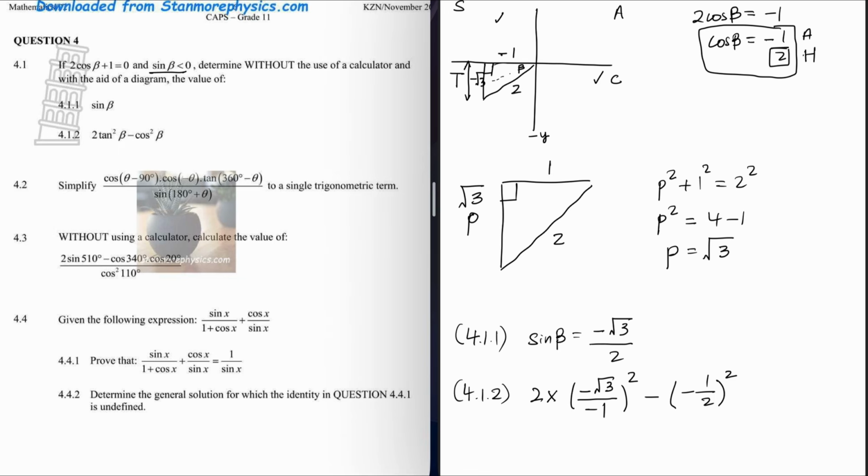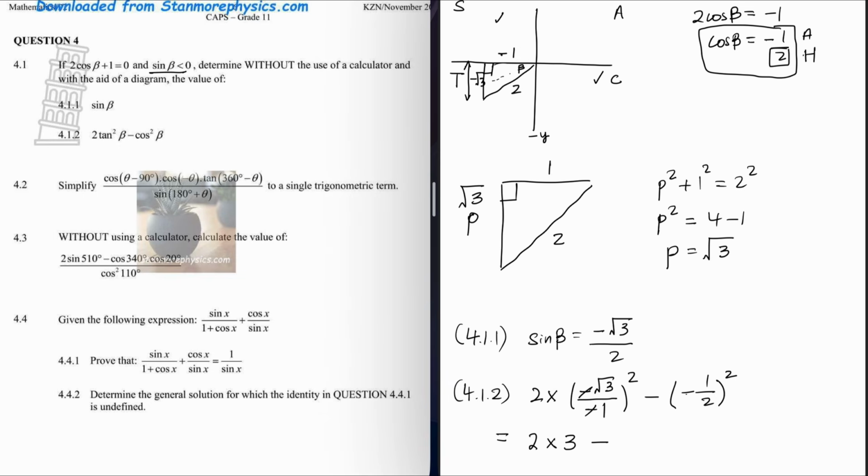Now we can't use a calculator here, so we're going to have to simplify. So this is going to be 2 multiplied by, the negative and the negative would cancel. Square root 3 over 1 is square root 3, and then square root 3 squared is simply going to be 3. So 2 times 3 minus.